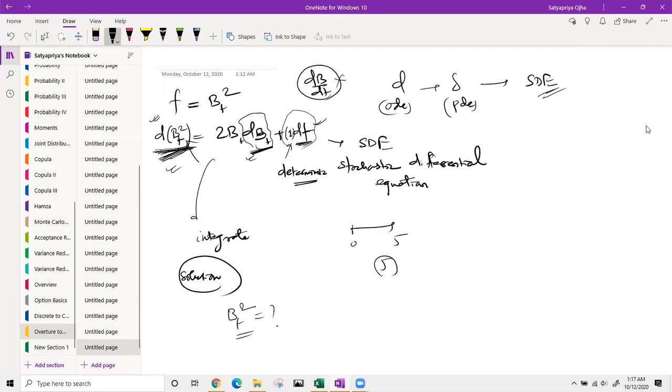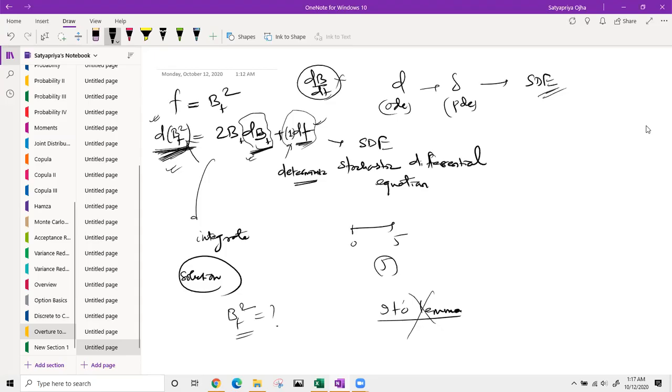And you must have heard of Ito's lemma, which is famous. It's there in every book. You do not have to remember Ito's lemma at all, because there are 3 different types of variations suited to different situations, 3 different versions of Ito's lemma. You don't have to remember that at all.